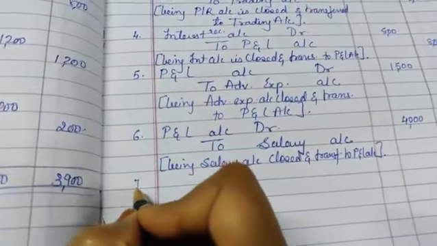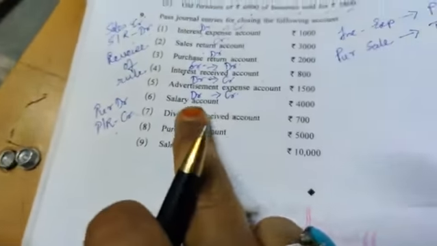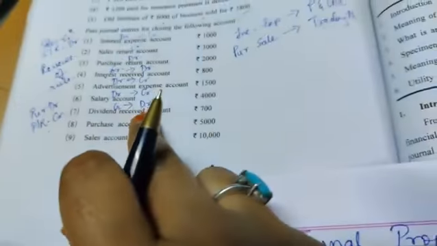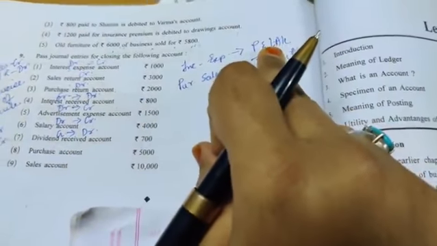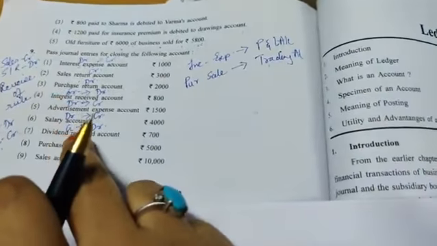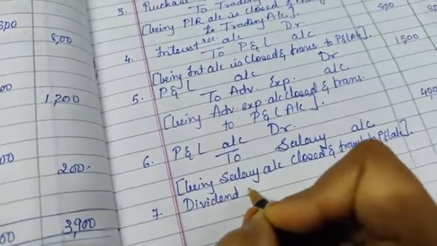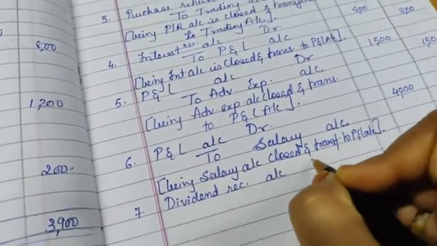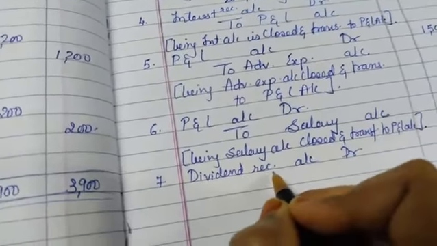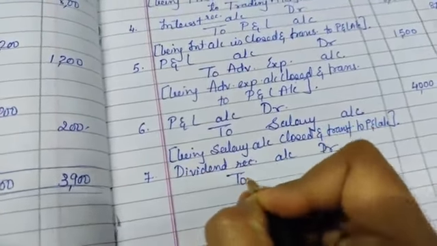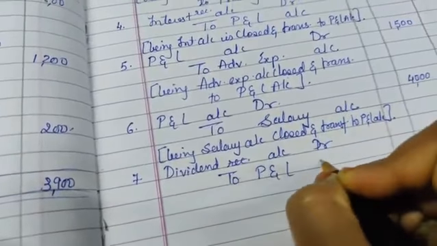Now we will see the seventh one. Dividend received. See, it is income, so income is always credited, the reverse of this will be debited, and income goes where? So P&L account. So the entry will be dividend received account debited. See, if you want to write down received, write, otherwise if you are not writing, then directly dividend account debited to P&L account.